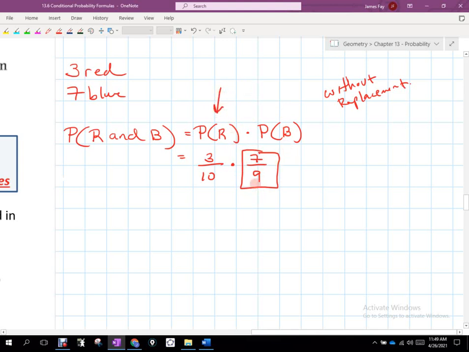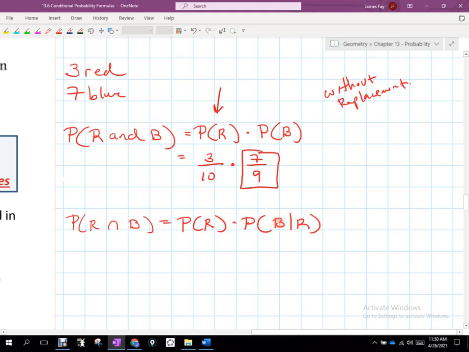Does that make sense? So the probability of red and blue was equal to the probability of red times the probability of blue given that the red one had already been chosen. That's why I write it that way.